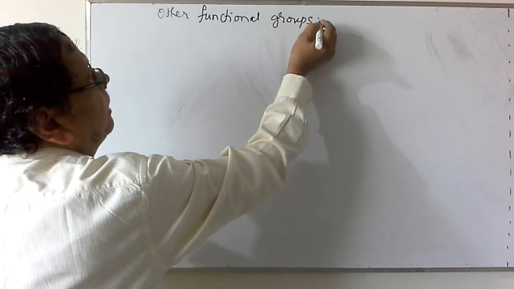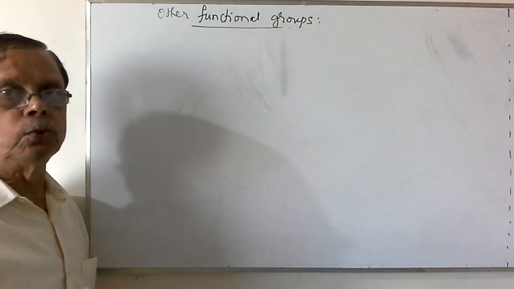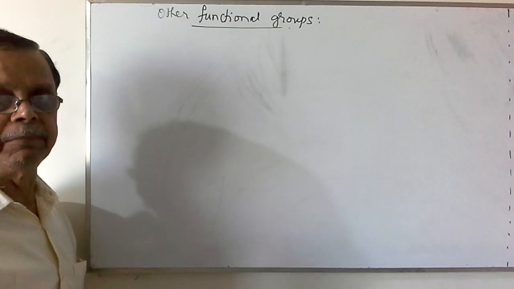We will use the same table for the nomenclature of the compounds containing 2 or more functional groups, and hence we are considering this table as a priority table.